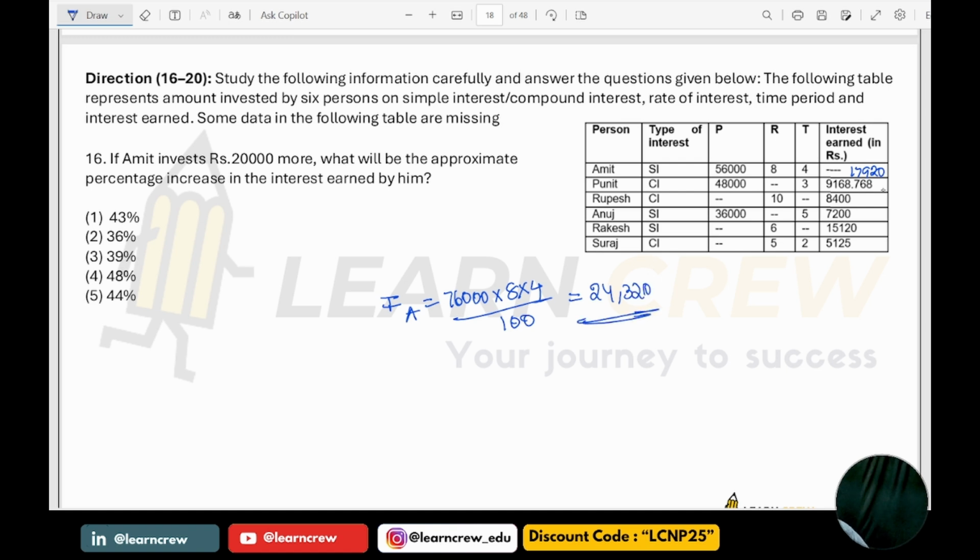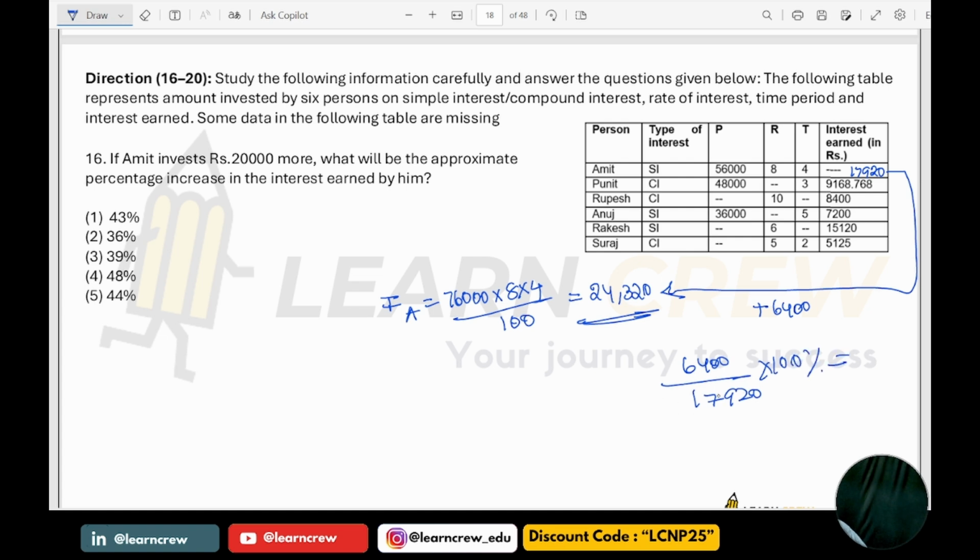Initially he was supposed to get 17,920. Now he is getting 24,320. So he is to get 6,400 more. This 6,400 is what percentage of 17,920? It is approximately how much?